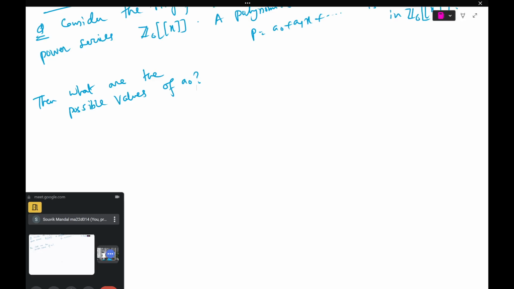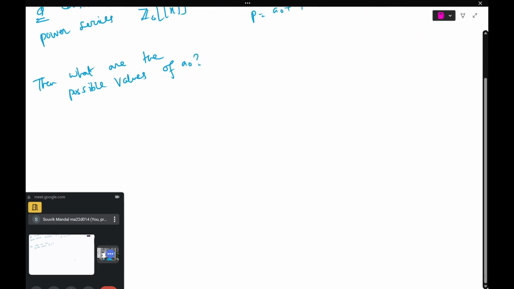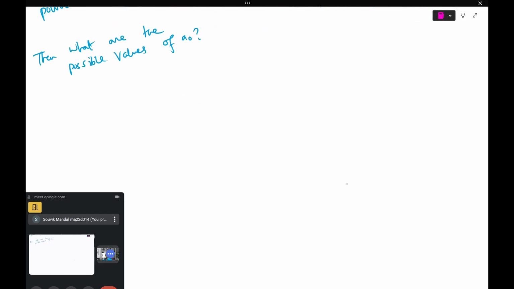We have only the given information that the given polynomial is a unit. So we need to use this fact. So how to solve this? Using only the information that the given polynomial is a unit, we need to solve.